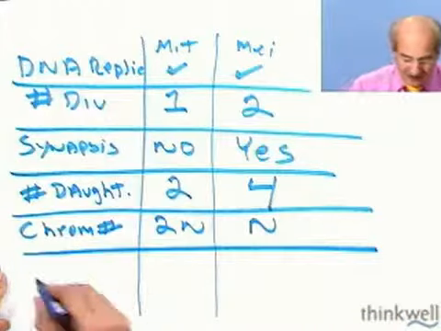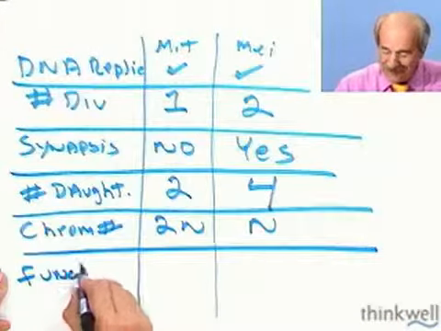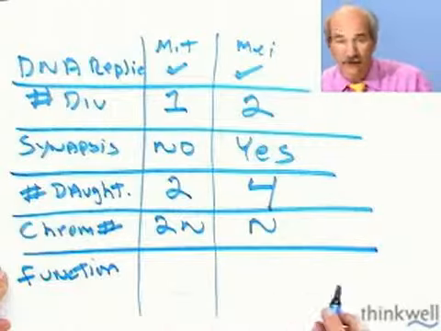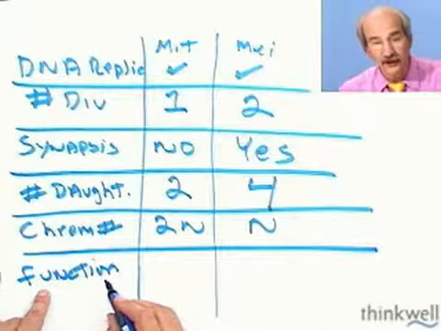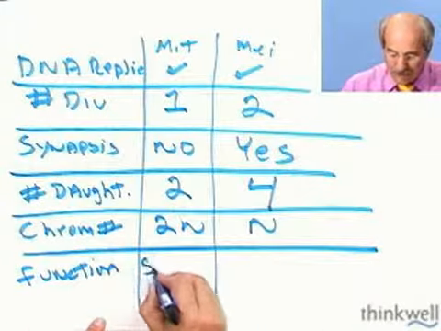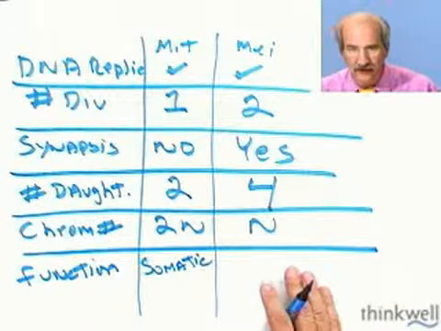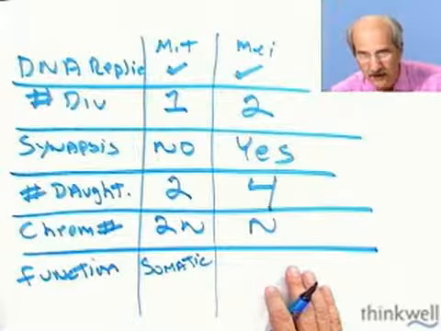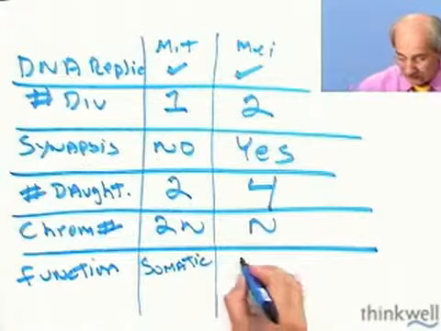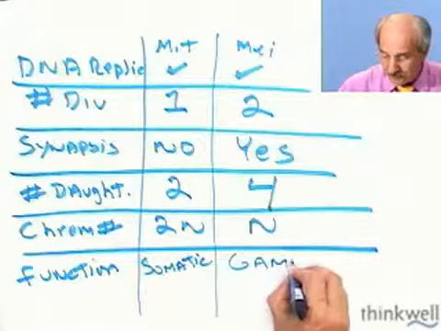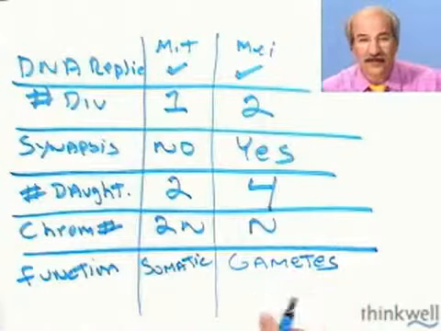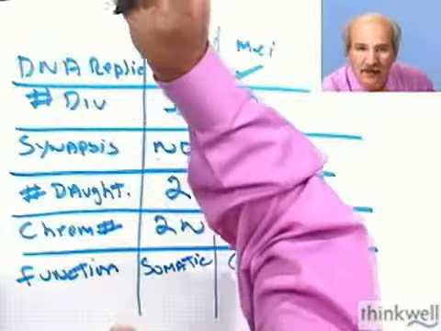And last but definitely not least, function. Function, mitosis, somatic cells, skin cells, liver cells, brain cells, bone cells, blood cells, everything except gametes. What's so special about gametes? What have you accomplished by meiosis?